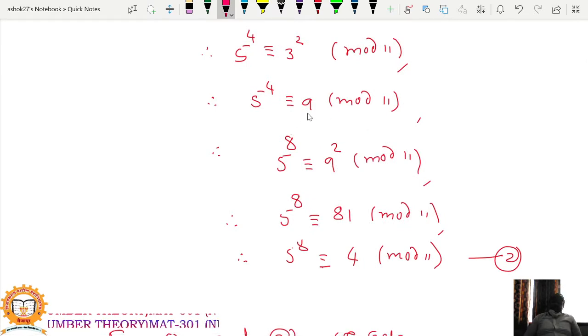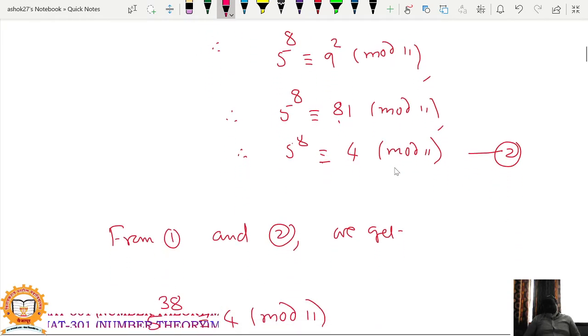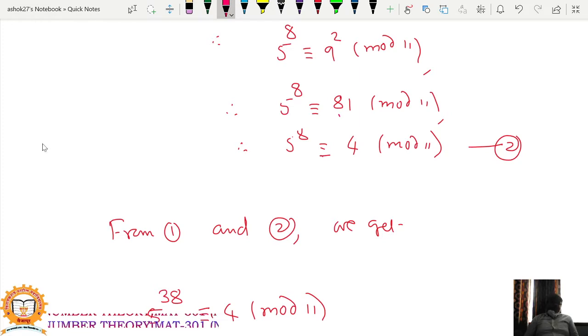So what is 3 squared? That is 9. So 5 raised to 4 will be congruent to 9 modulo 11. So again squaring both sides, you'll get 5 raised to 8 is congruent to 9 squared modulo 11, or that will imply 5 raised to 8 is congruent to 81 modulo 11. But what is 81 congruent to modulo 11?